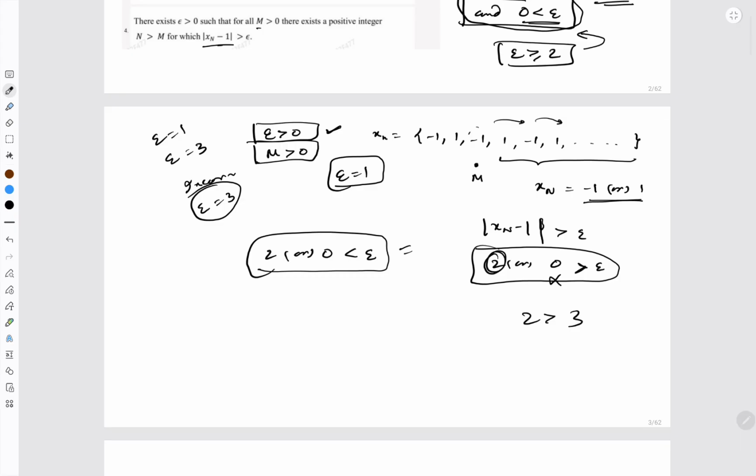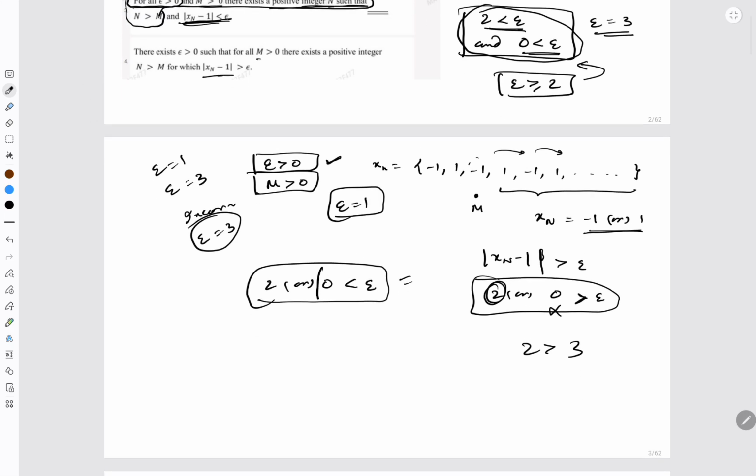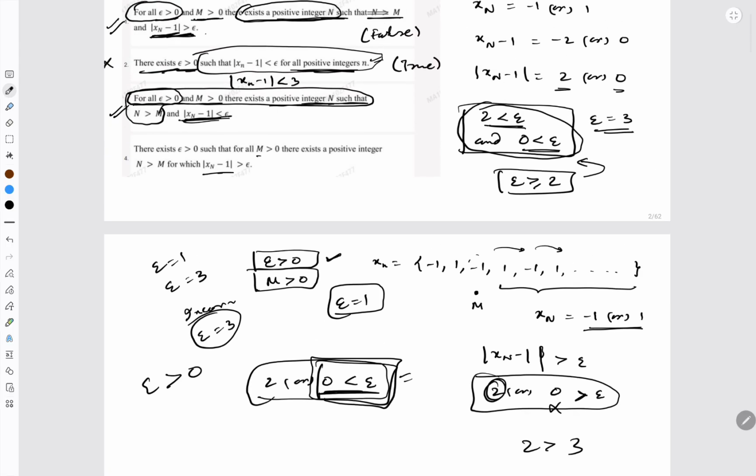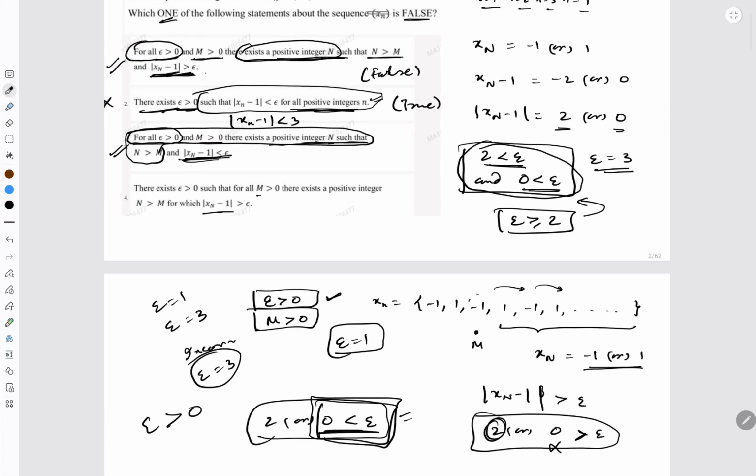The third option will be true if the value can be 0 or 2, anything can work. So it is saying for all epsilon greater than 0, it will satisfy this condition already, right? If I take any epsilon greater than 0, it will be greater than 0 by definition. So this is true, because we know for an OR statement to be true, any one condition must be true, right?